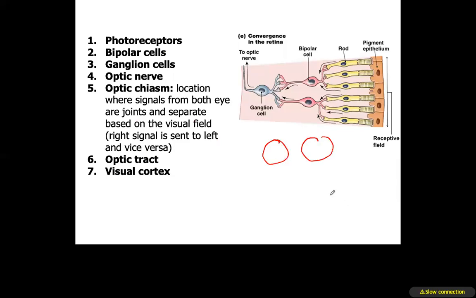If these are the eyes, optic nerve is coming out of the back of the eye, but they're gonna crisscross, right? Because we wanna do contralateral concept. So the point where the crisscrossing happens is your optic chiasm or optic chiasma. You continue this as optic tract. So this is your optic nerve. And then it eventually ends up at your occipital lobe.